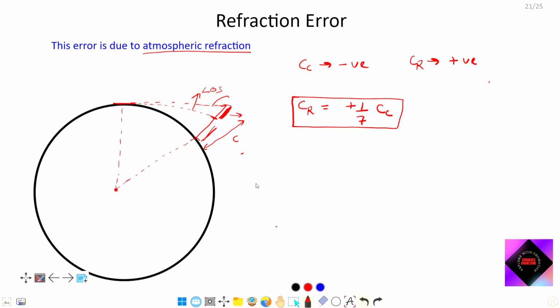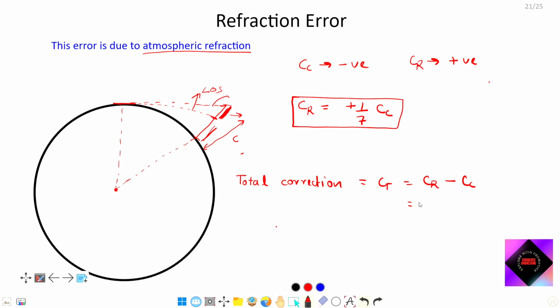If anyone asks what is the total correction because of refraction and curvature, you will just add up both, that is curvature correction and refraction correction. I am taking the negative sign because curvature correction is negative here.